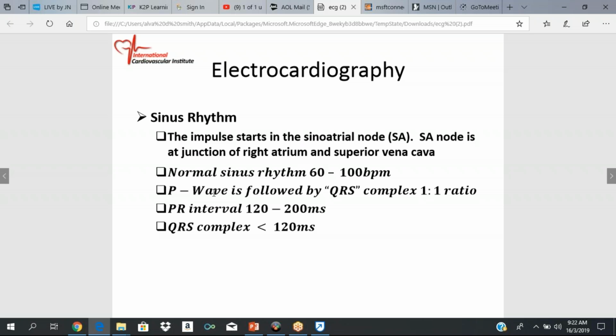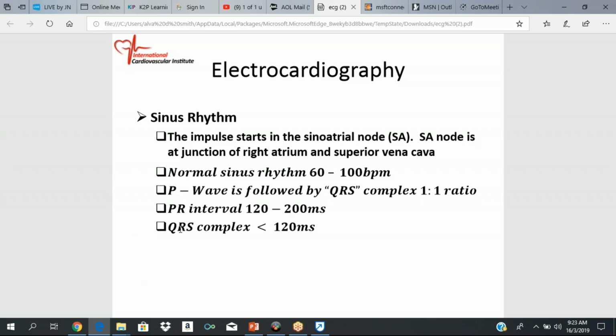You're also telling them that each P wave is followed by a QRS complex. You're also telling them that the PR interval is between 120 and 200 milliseconds, and that the QRS complex is less than 120 milliseconds.